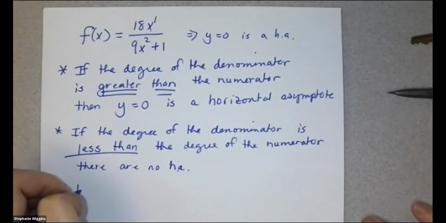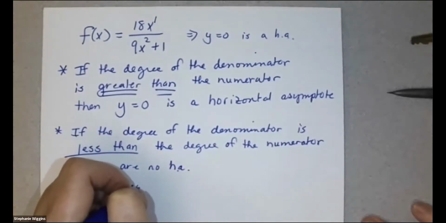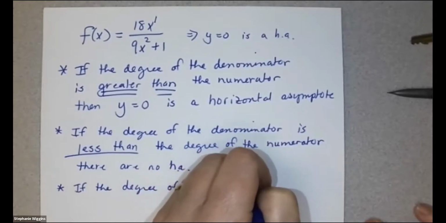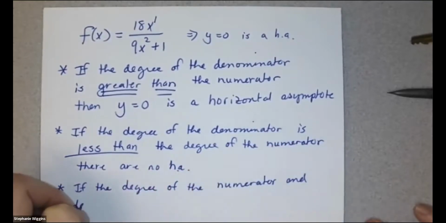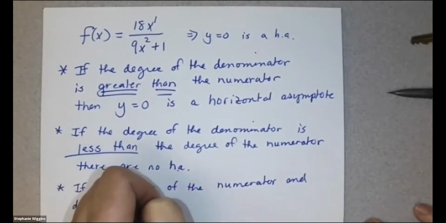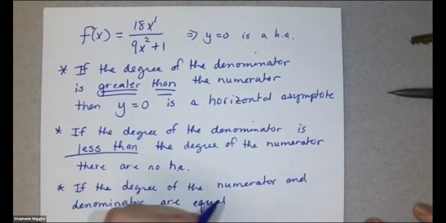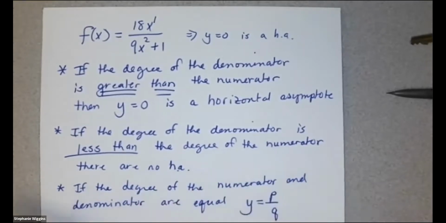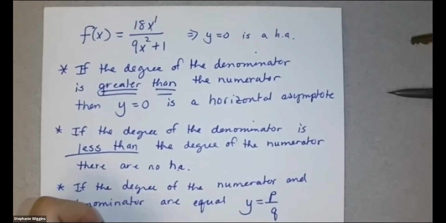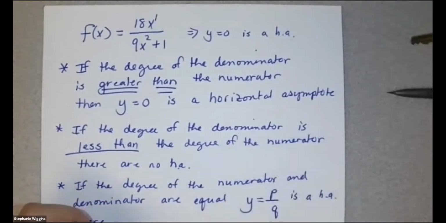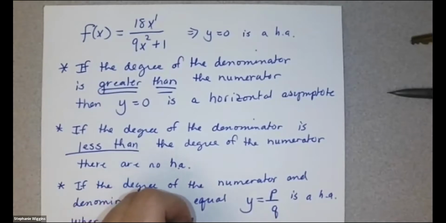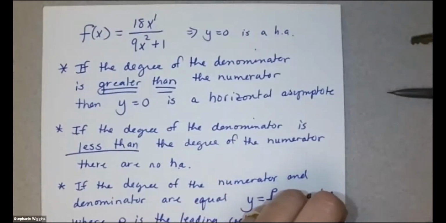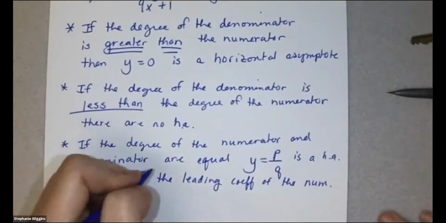And if the degree of the numerator and denominator are equal, then you take the leading coefficients. y equals P over Q is a horizontal asymptote, where P is the leading coefficient of the numerator and Q is the leading coefficient of the denominator.